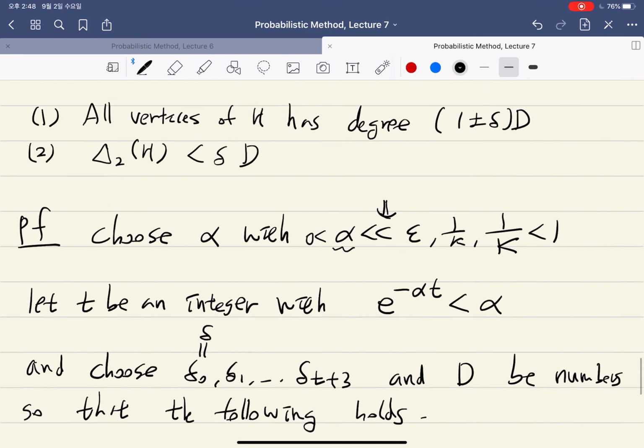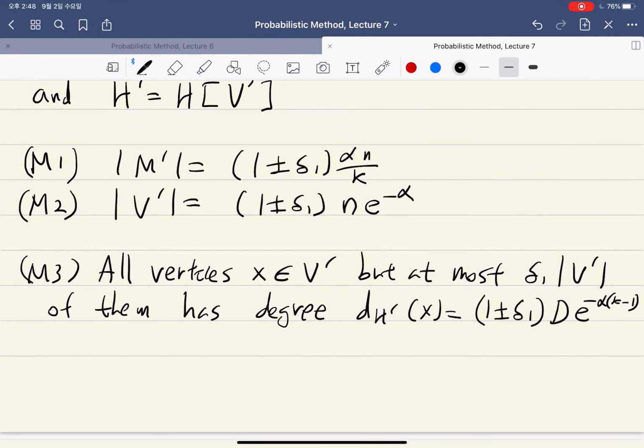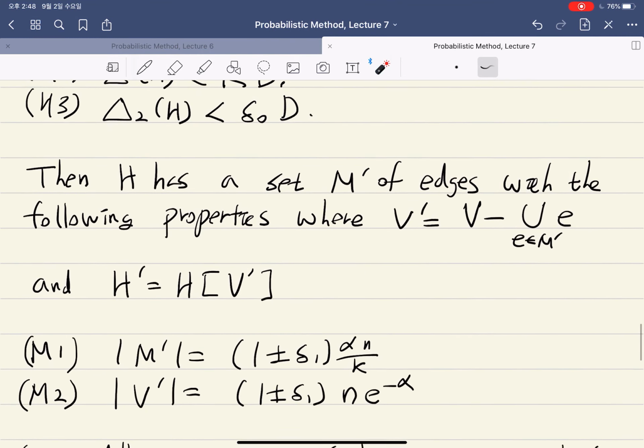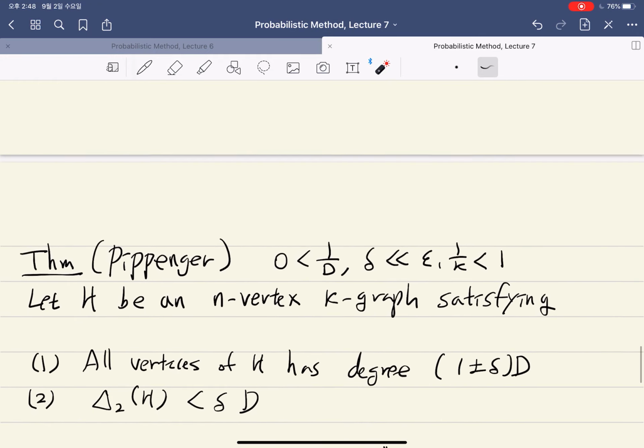So because this lemma says that, what? So the lemma here says this, and give me a moment.